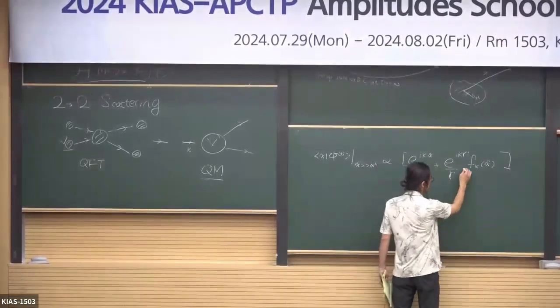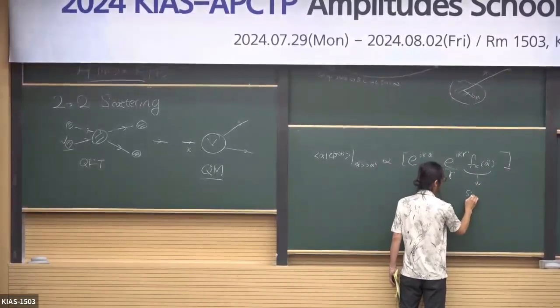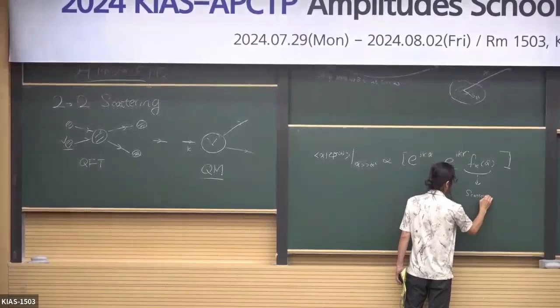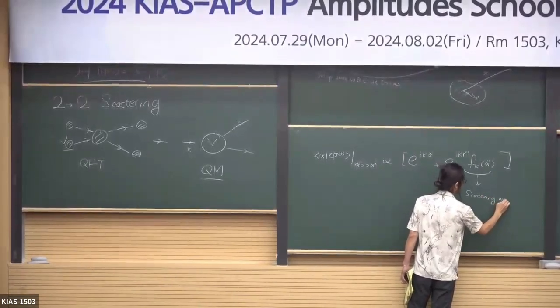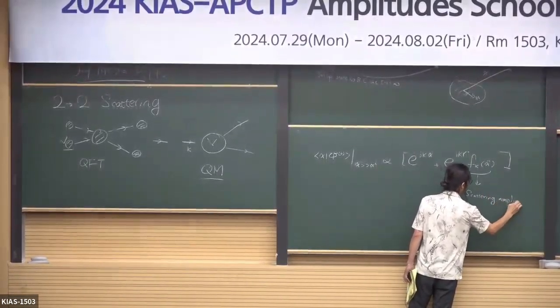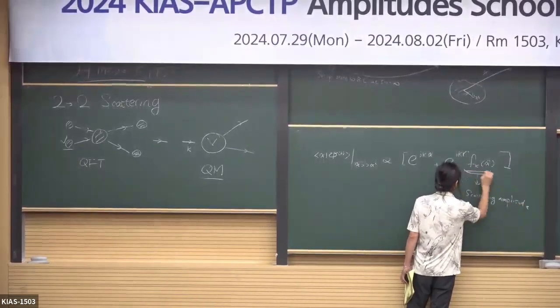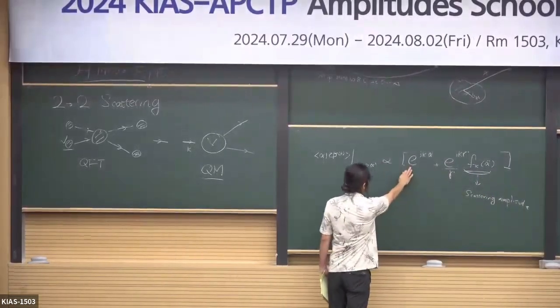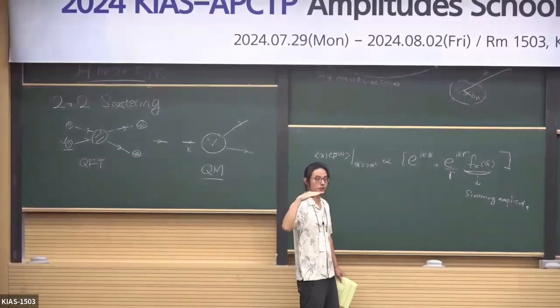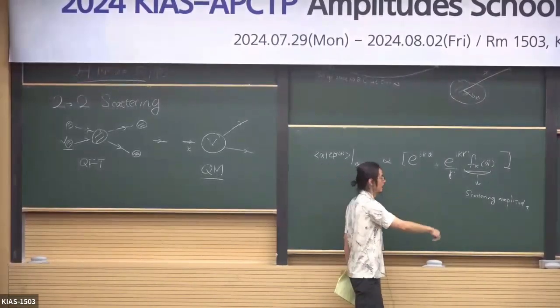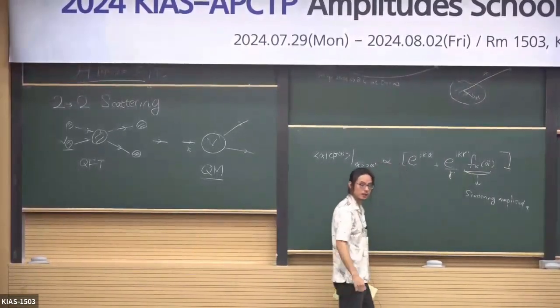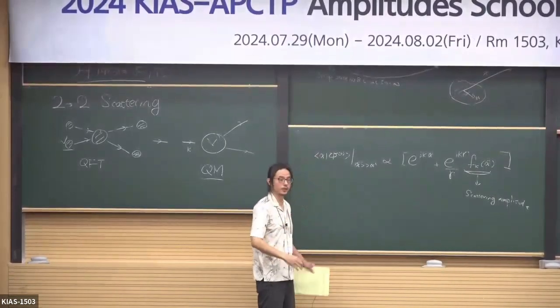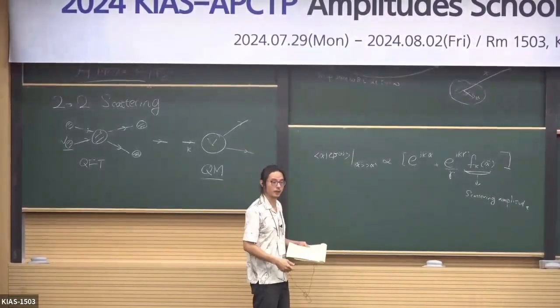And this will be our scattering amplitude in quantum mechanics, because this is the part of your wave function that is just the initial wave function going through, and this is the part that tells you how much is being scattered off into a spherical wave that is going out.